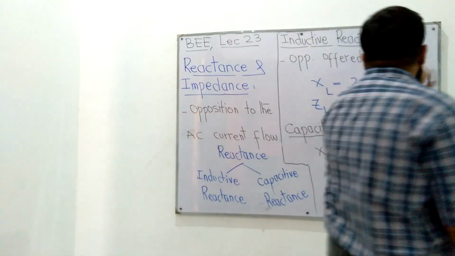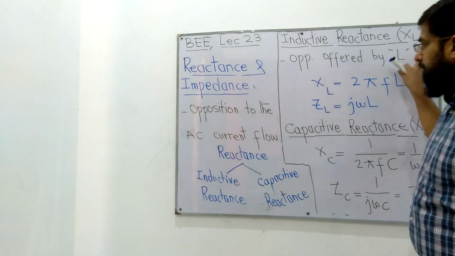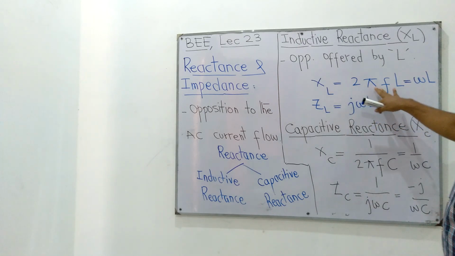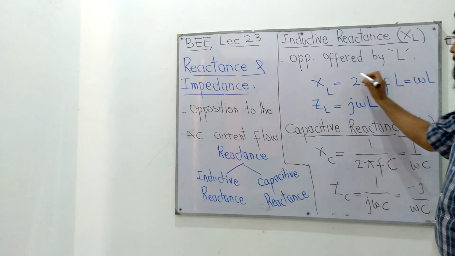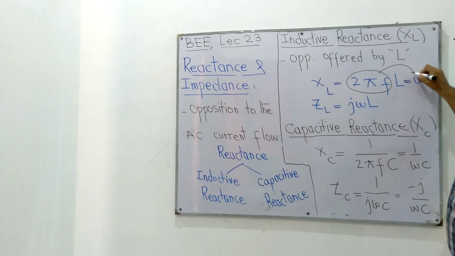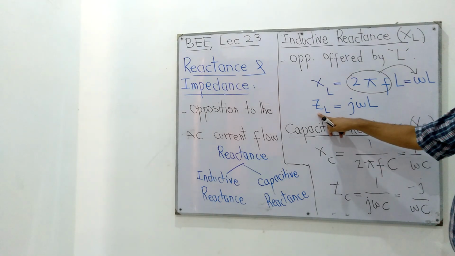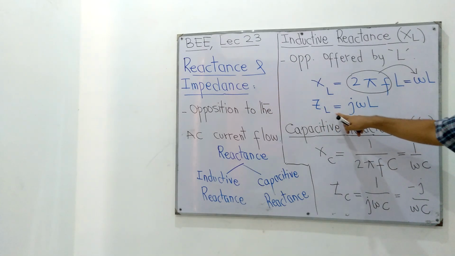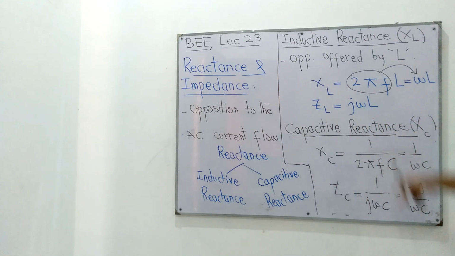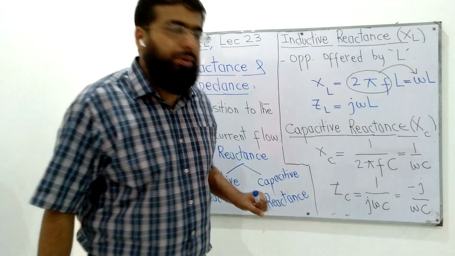Inductive reactance XL is the opposition offered by an inductor, and can be written as 2 pi times the frequency times the inductance L. That is omega L, because 2 pi F can be written as omega, and the impedance offered by an inductor is j omega L, where j is iota.